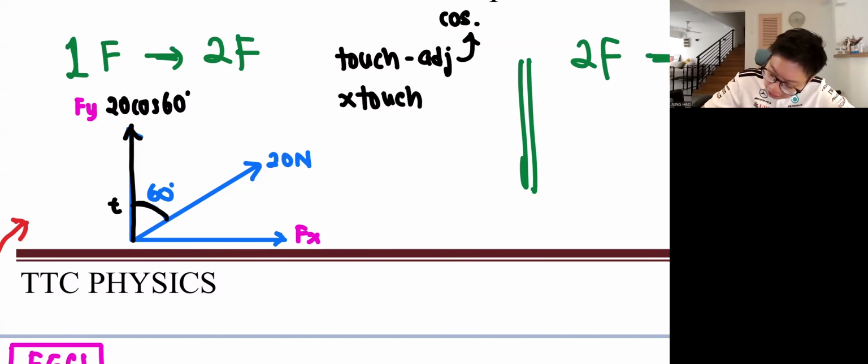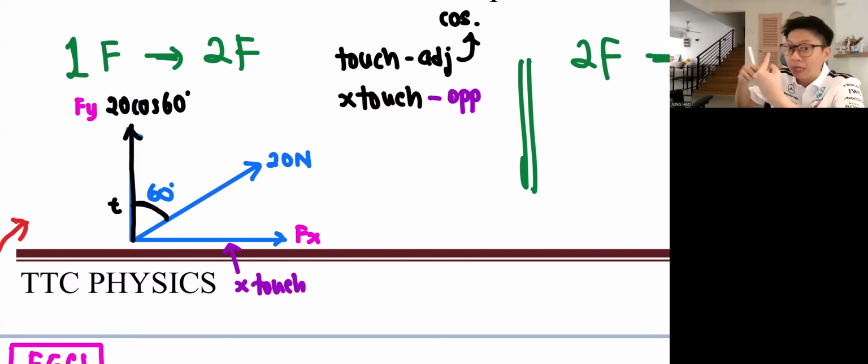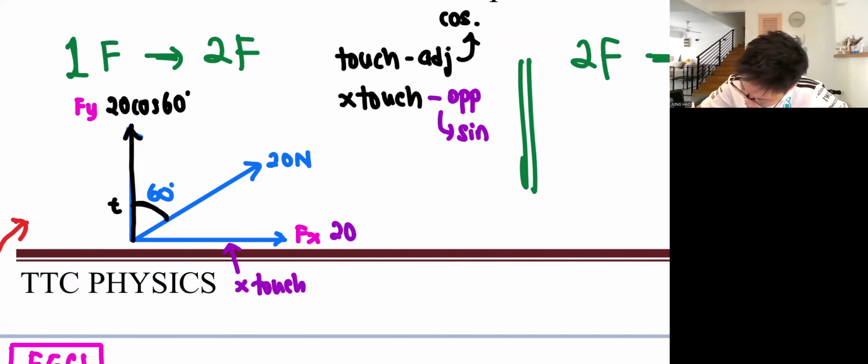If you look at this horizontal line, this is not touching the angle. So if it's not touching the angle, we call it the opposite line because it is located on the other side. If it is the opposite line, then we call this the sine line. So my Fx is equal to 20 sine 60.